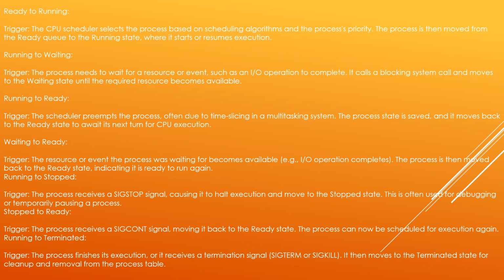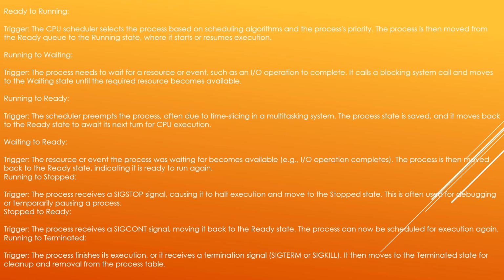Running to stopped. The process receives a SIGSTOP signal, causing it to halt execution and move to the stopped state. It is often used for debugging or temporarily pausing a process.